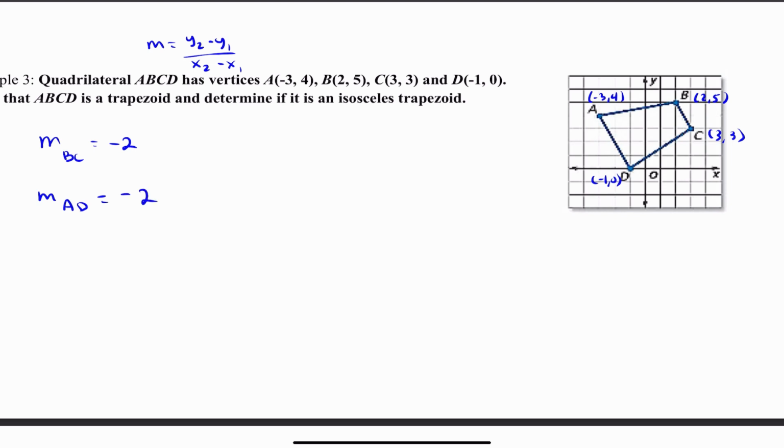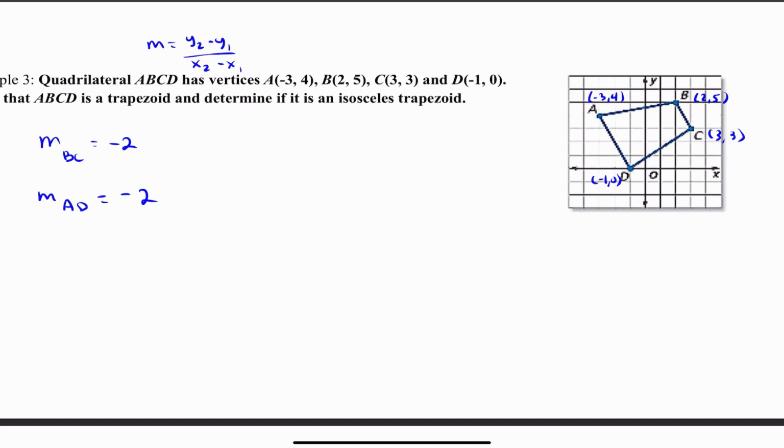So this is -2 and this is -2, right? That means these slopes are indeed parallel because they have the same slope. Great, but that is not enough to justify whether or not this is a trapezoid. I have to show that these lines here are not parallel. They don't have the same slope.